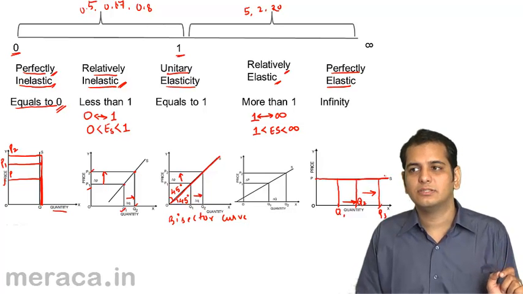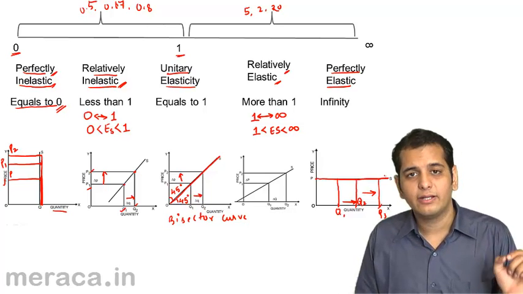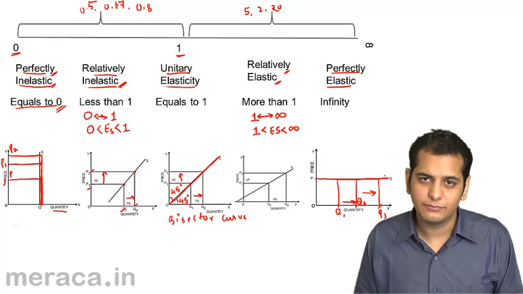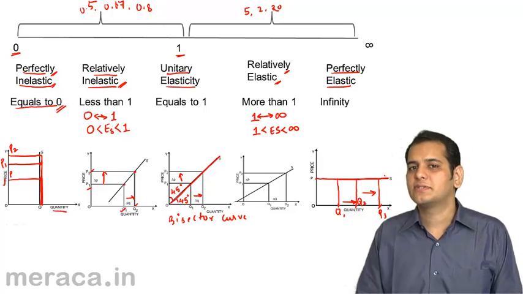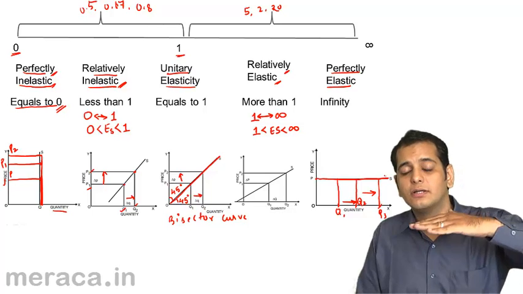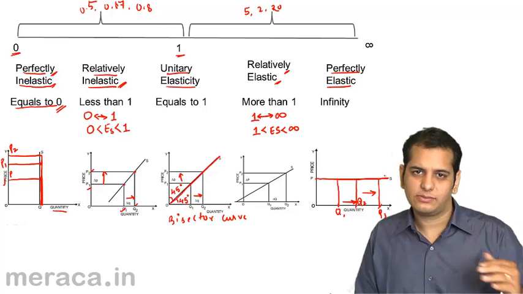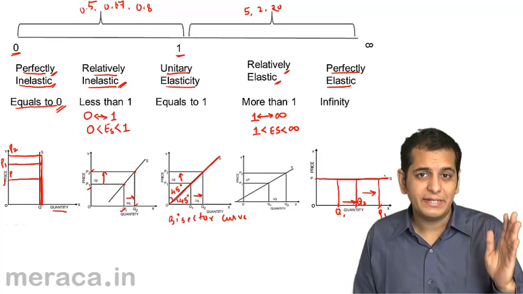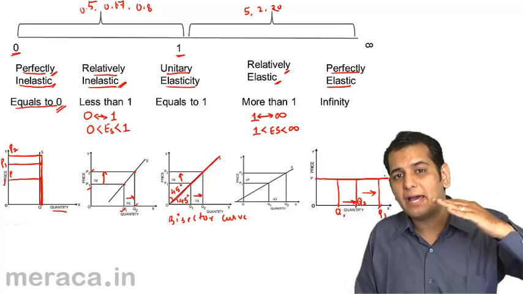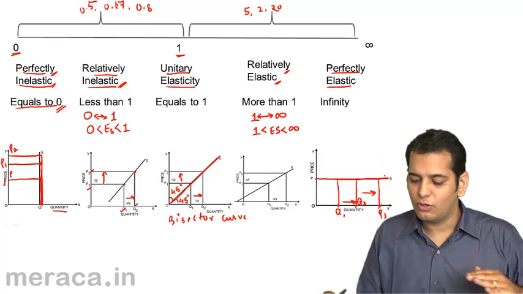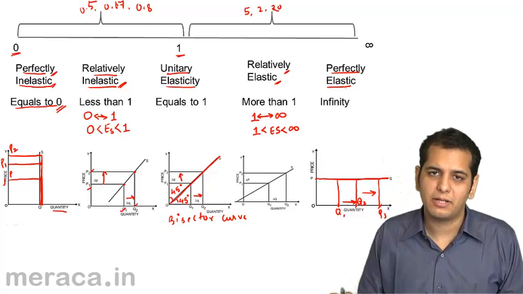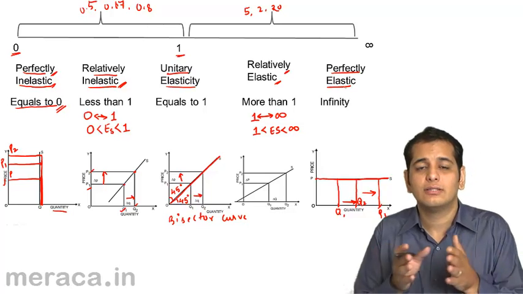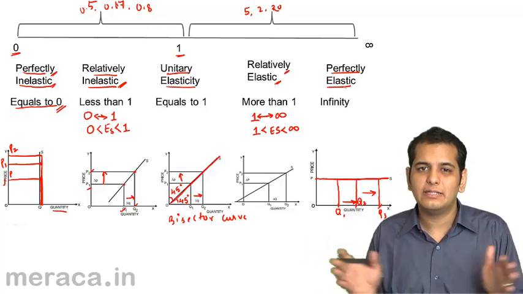So in this case, we get a straight line supply curve. But this straight line supply curve is parallel to the x-axis. A straight line supply curve which is parallel to the x-axis is called a perfectly elastic supply curve, because the supply is perfectly elastic here.